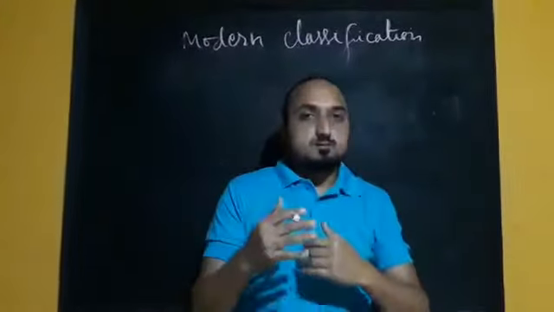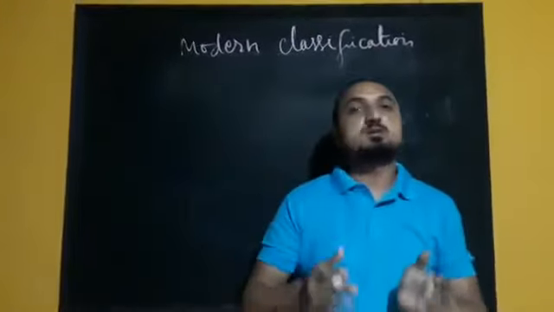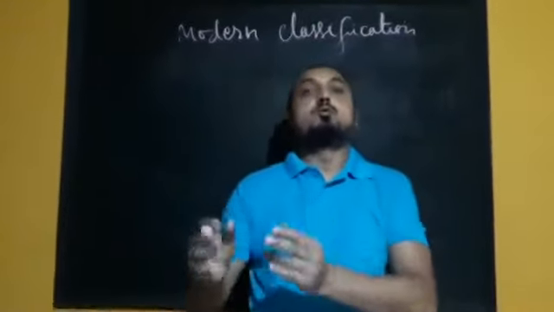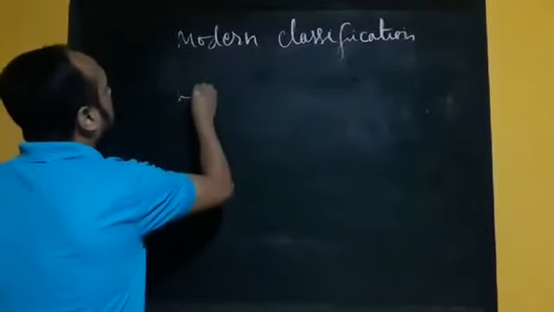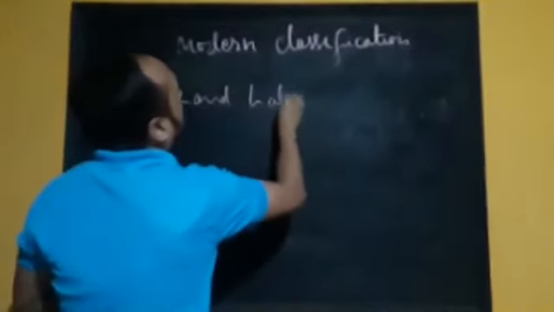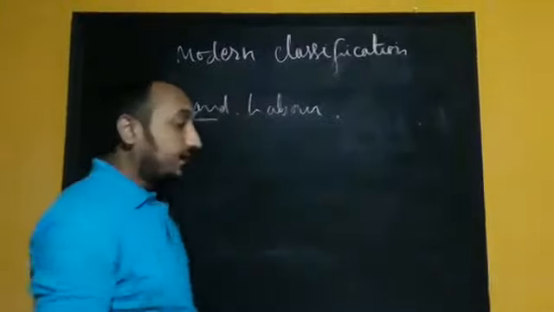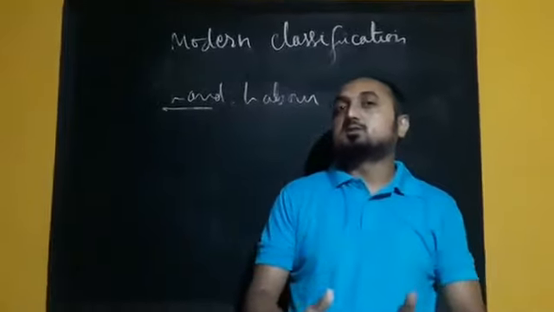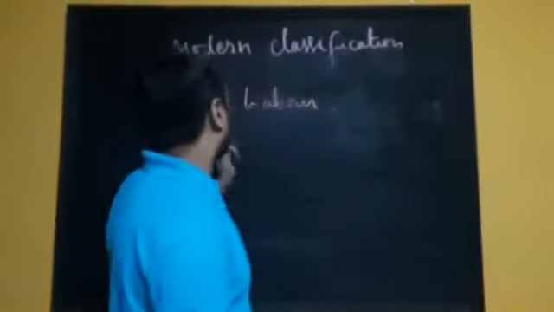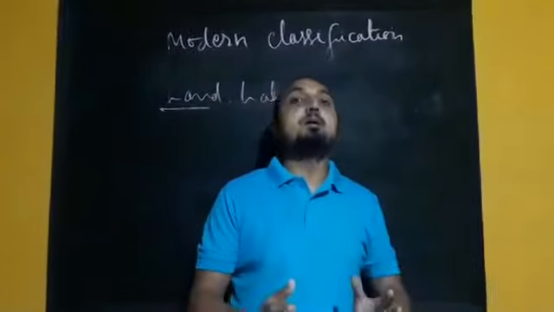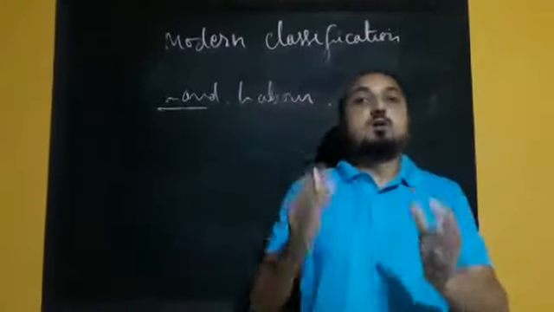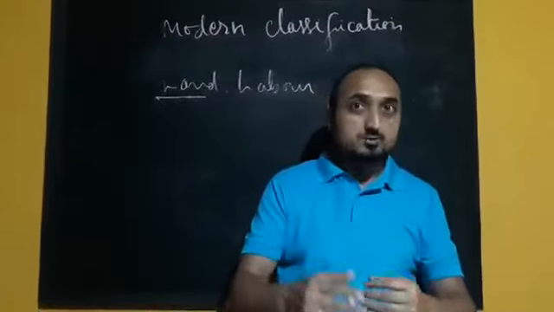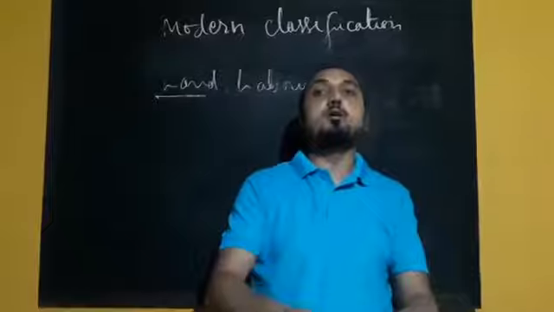In the case of this modern classification, some economists believe that the factors of production are divided into 2 parts: land and labor. According to some of the economists, factors of production are of 2 types, that is land and labor, and capital is the factor of production which is produced by the application of labor on land.